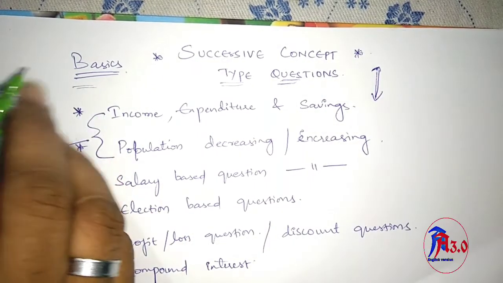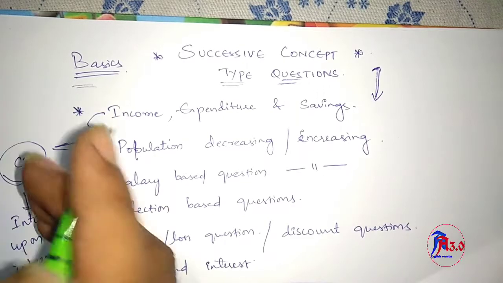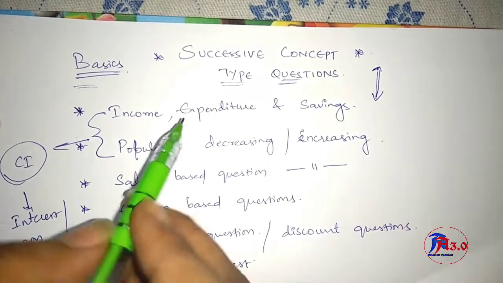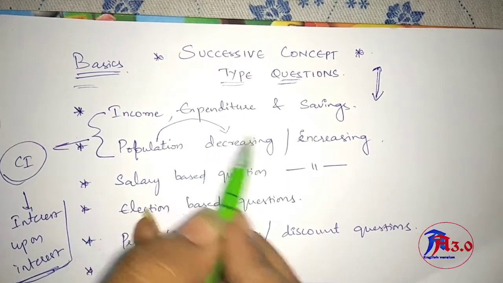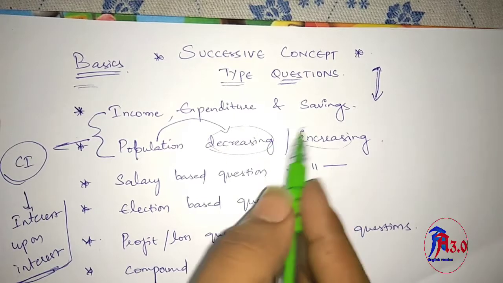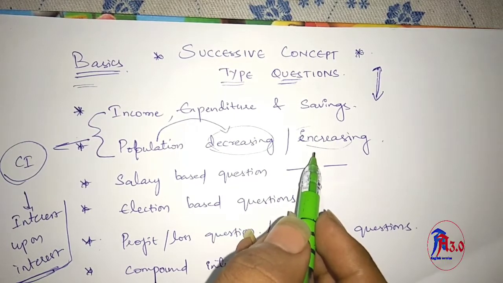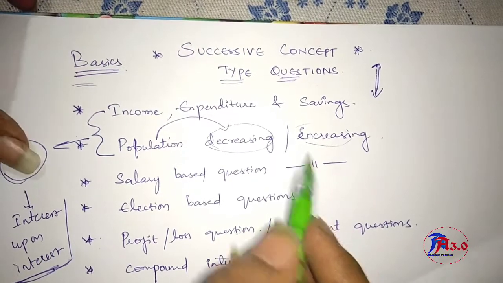For every question I will try to solve in three methods, not in income and expenditure, but we will try to solve three methods in decreasing and increasing successive concepts. Decreasing and increasing successive concepts are very much important. So you have to watch the complete video to get this knowledge.